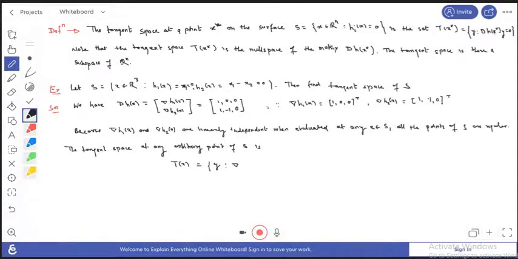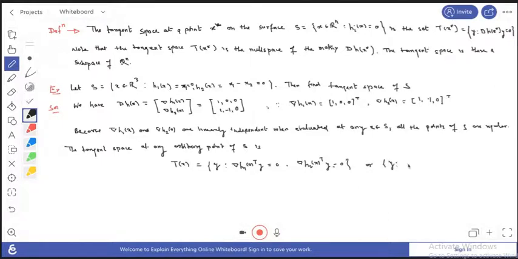We can write this in explicit form: gradient of h1(x) transpose y equals 0, and gradient of h2(x) transpose y equals 0.